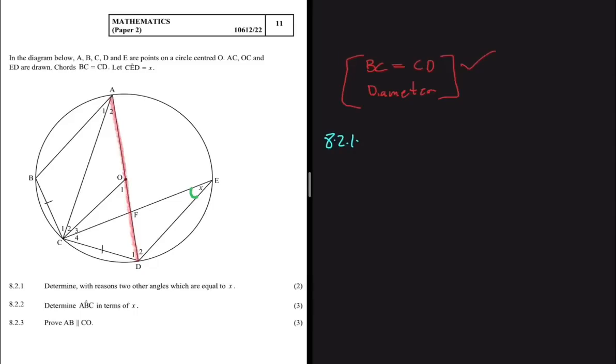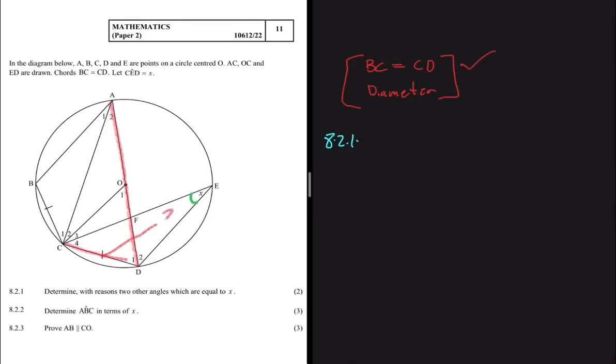So chord CD subtends X, and chord CD is equal to chord BC, and chord BC subtends A1. Equal chords subtend equal angles. So angle X is equal to A1, and the reason for that is that equal chords subtend equal angles.